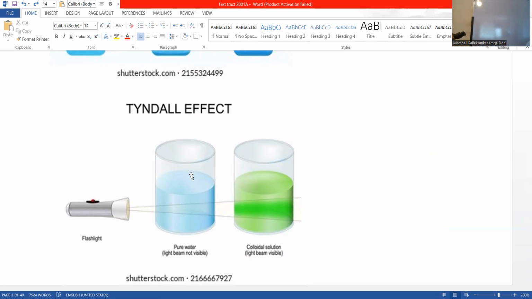But in a colloidal solution, you can see the light path going through it. And if you think about a suspension, the light will never pass through it. So this is called the Tyndall effect. You can see the light beam inside the solution.